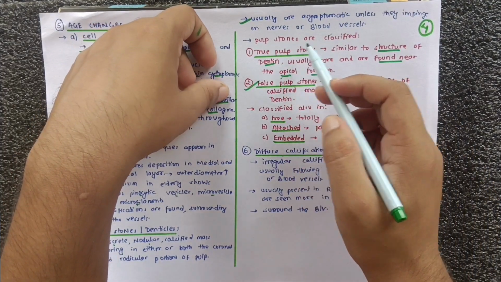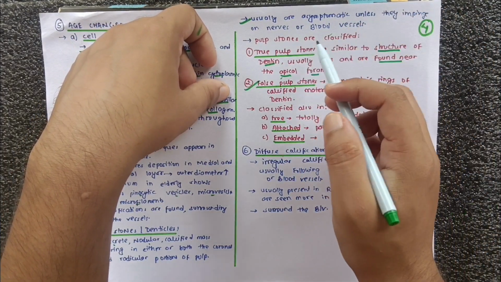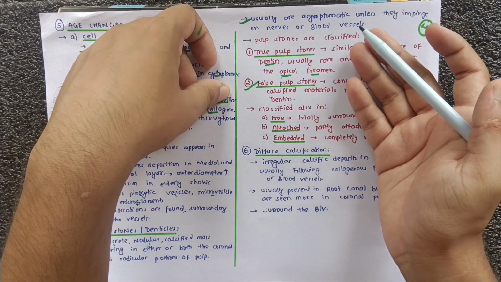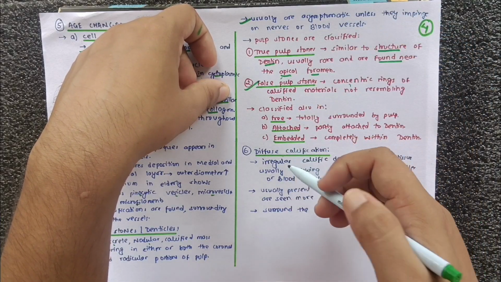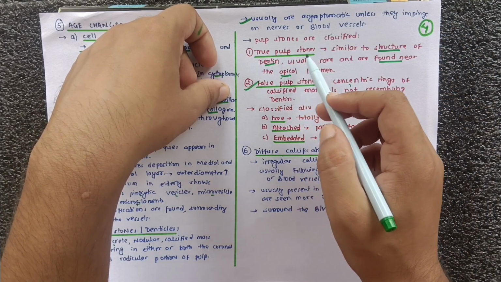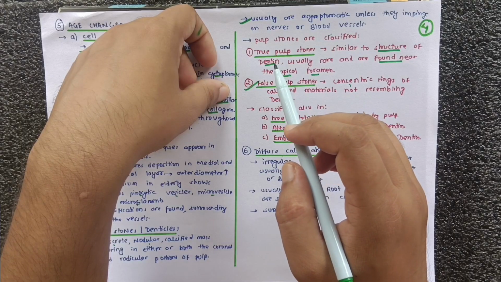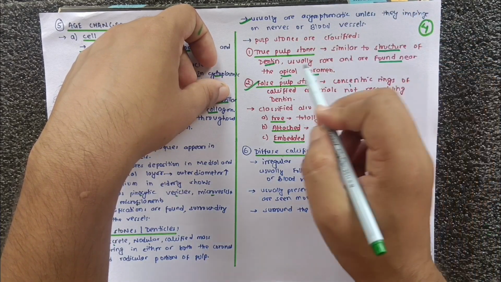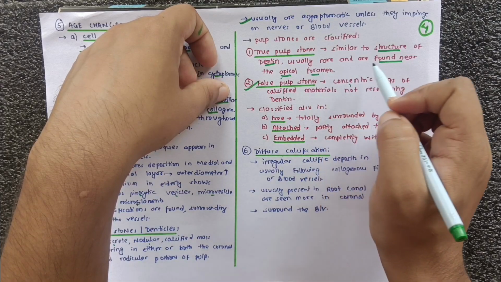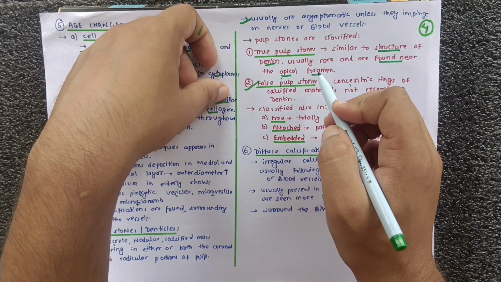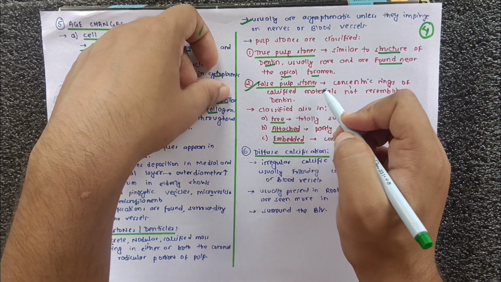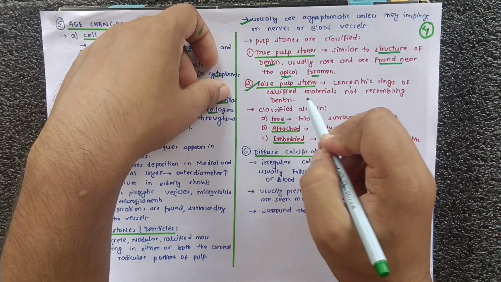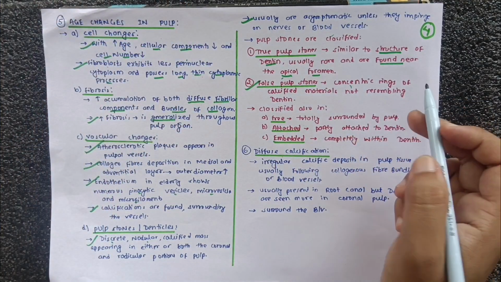So the pulp stone we classify on two bases. One basis is the resemblance with the dentine, and another is its location. The true pulp stone is the pulp stone that resembles the dentine, meaning it is similar to the structure of the dentine, and is usually rare and found near the apical foramen. The false pulp stones are concentric rings of calcified materials and do not resemble the dentine.